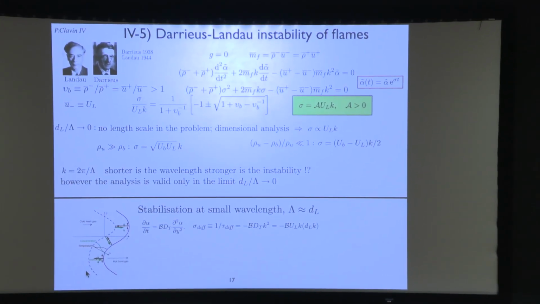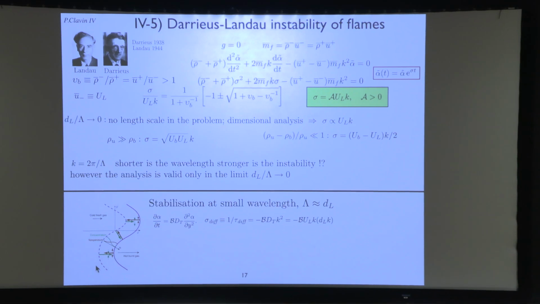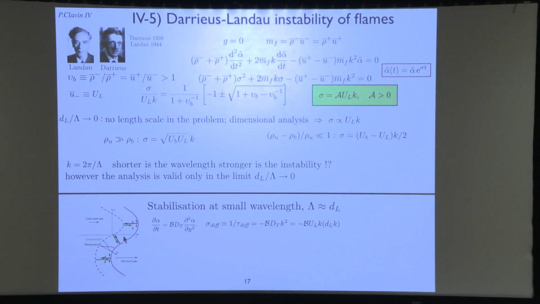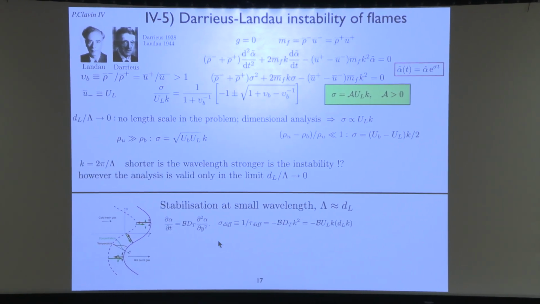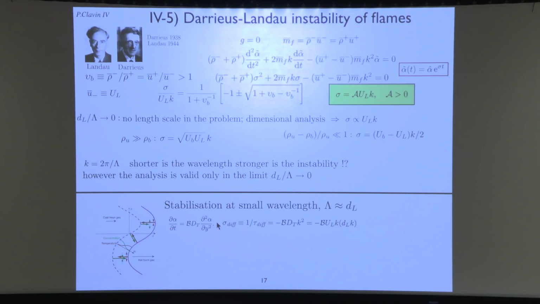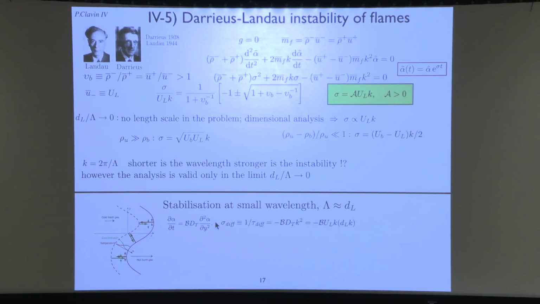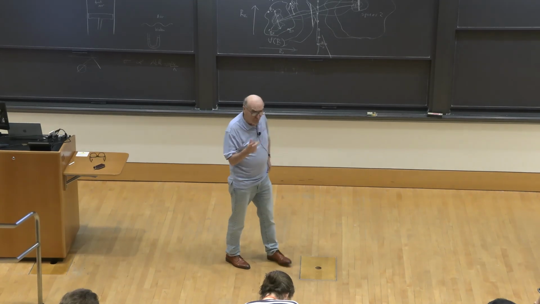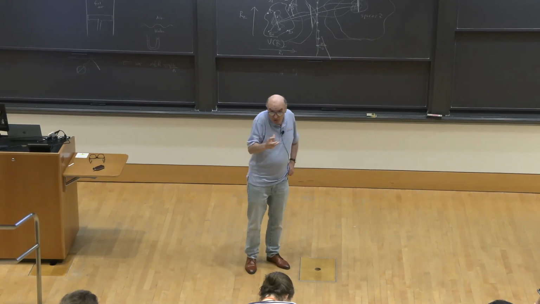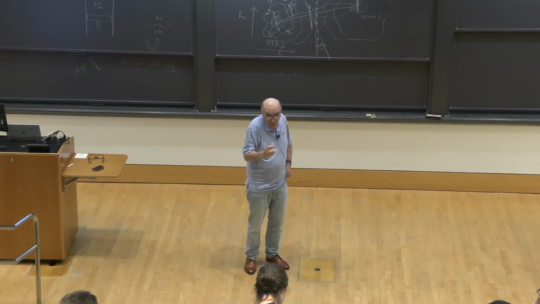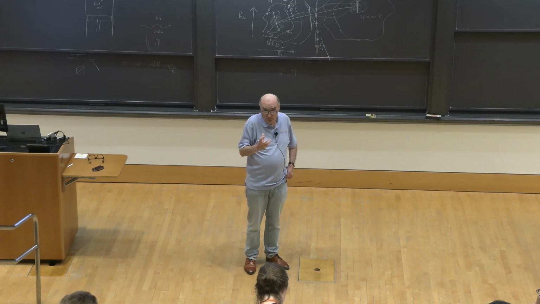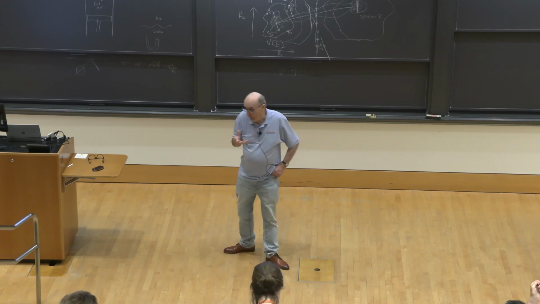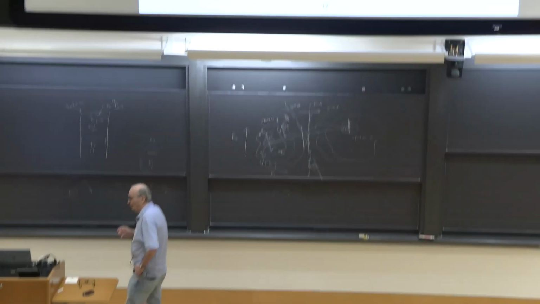I will explain that precisely in the next lecture. And this is going to give you something like a diffusion equation, an additional mechanism producing a diffusion equation of the flame.